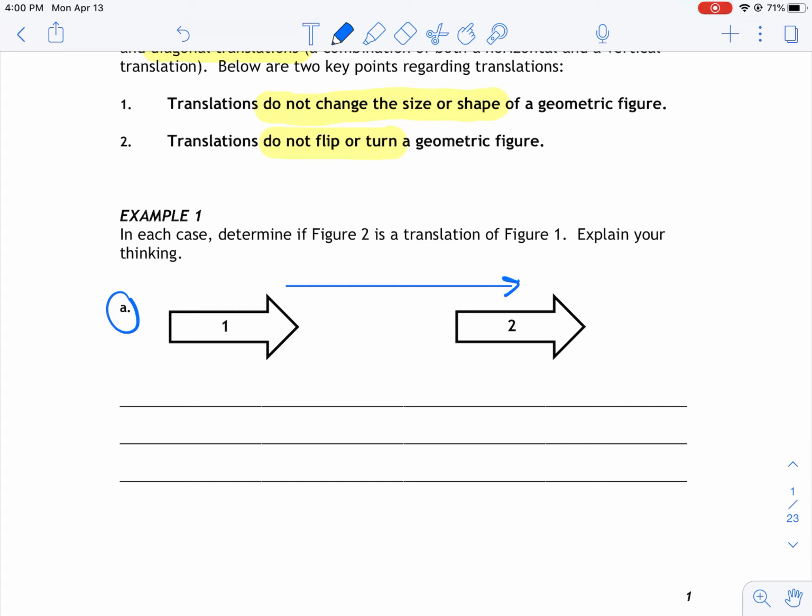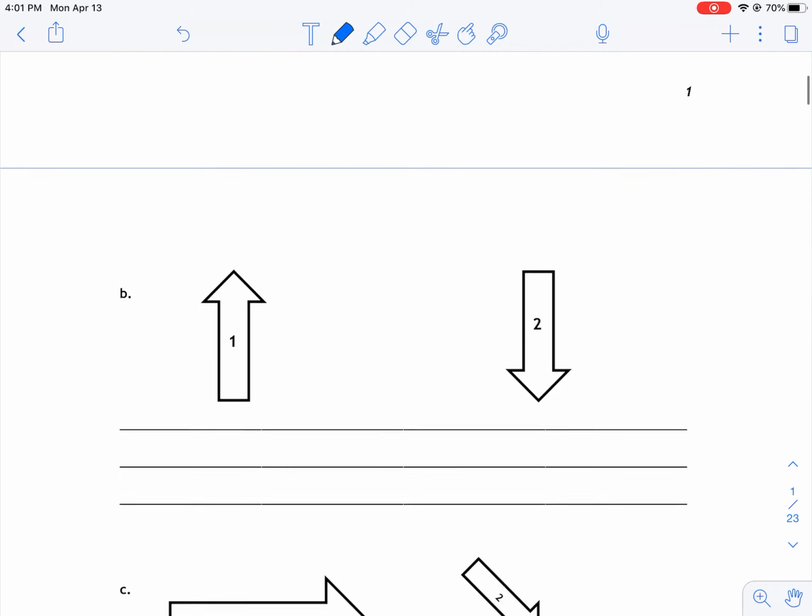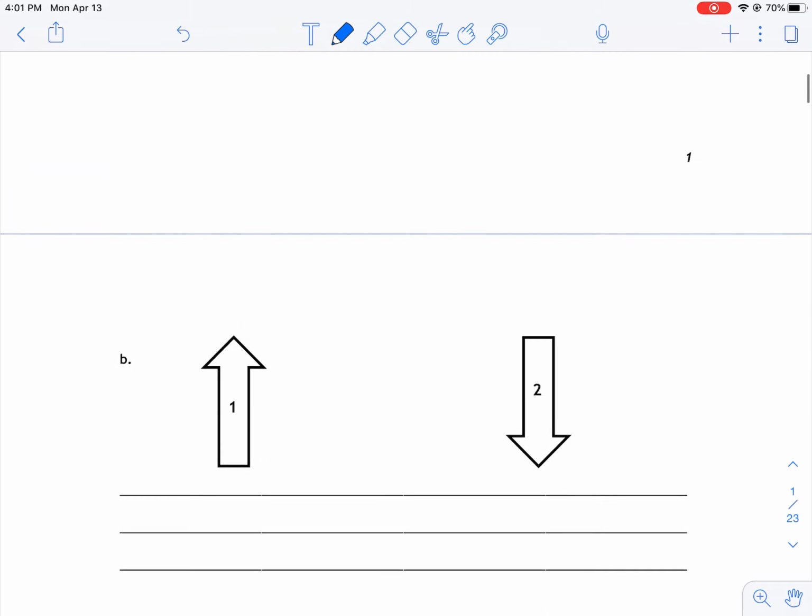Okay, they both look like they have the same size and shape, so they didn't change anything. So that meets criteria 1 up here. There's nothing flipped or turned from figure 2 to figure 1. The arrow still points in the same direction. So we would say that figure 2 is a translation of figure 1. So we would answer this one with a yes. Okay. Gonna go ahead and look at problem B now.